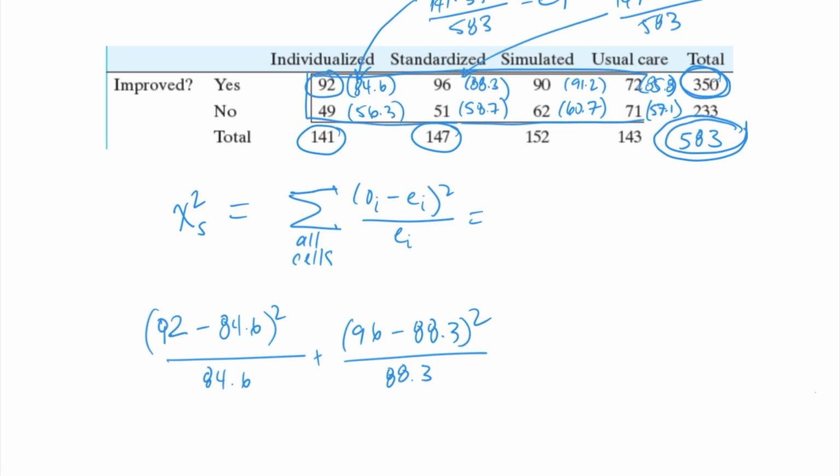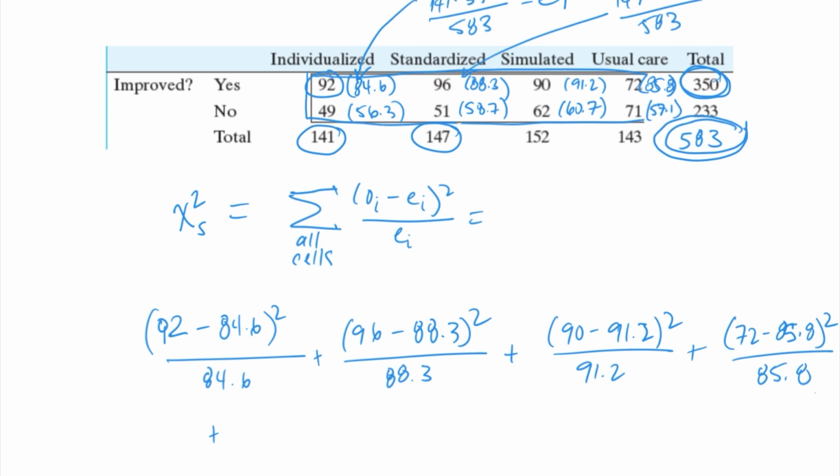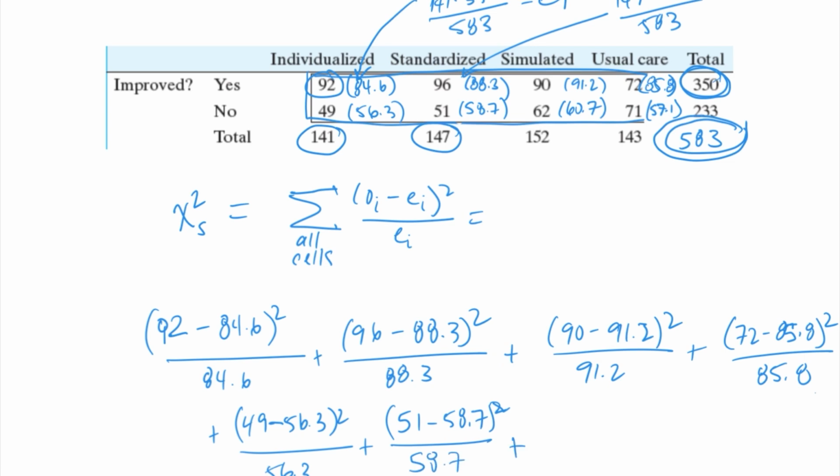So same thing, observed minus expected squared divided by expected. 90 minus 91.2 squared over 91.2 plus 72 minus 85.8 squared, plus, now we're on the bottom row, 49 minus 56.3 squared divided by 56.3 plus 51 minus 58.7 squared divided by 58.7 plus 62 minus 60.7 squared divided by 60.7 plus 71 minus 57.1 squared over 57.1.